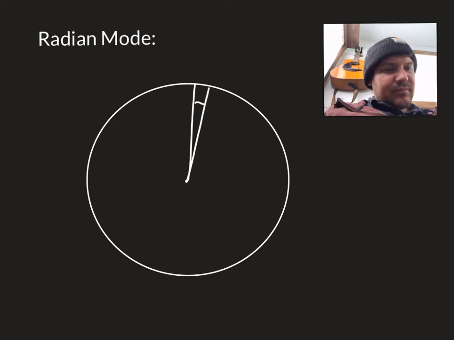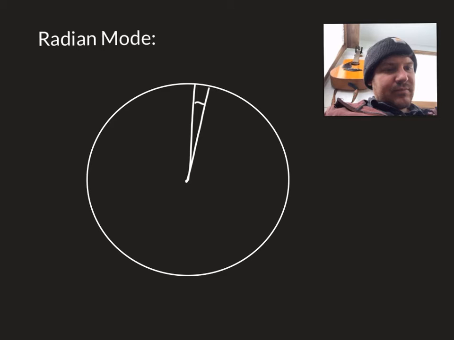So degrees are a great way for dividing up circles, and they're a very common way, and you use degrees in lots of disciplines. They're very common in architecture, in engineering, in physics. We love degrees. So it's not like degrees are bad or less good than radian mode. Radian mode is just a different mode.